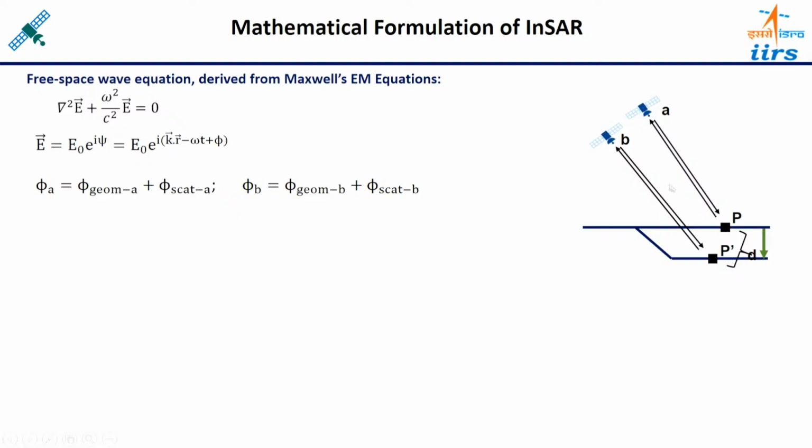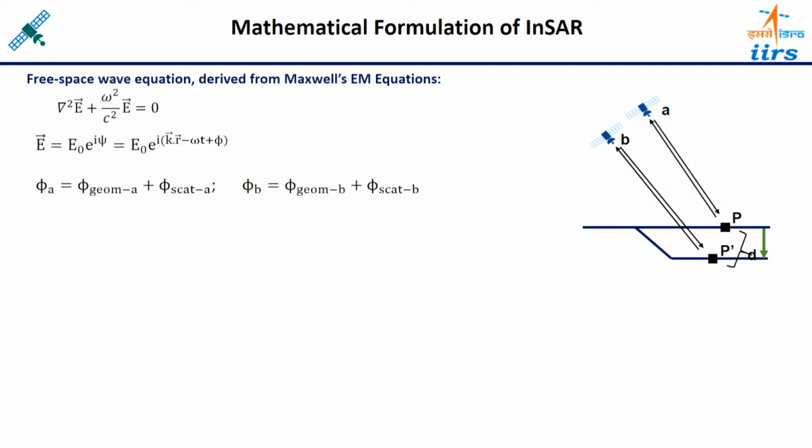Now in the triangle P to B, B to P prime, and P prime to P, the side BP is known and BP prime is known. Two sides are known, and the third side can be calculated. With simple trigonometry, d can be calculated from this configuration.